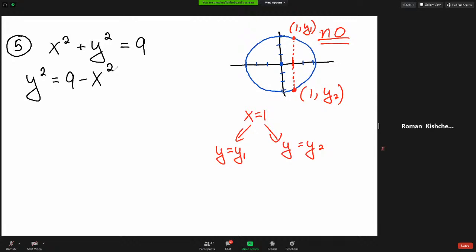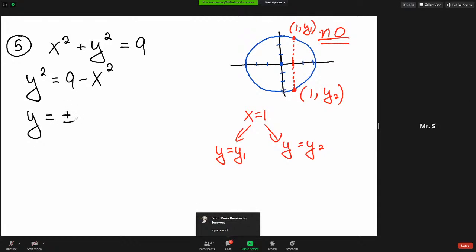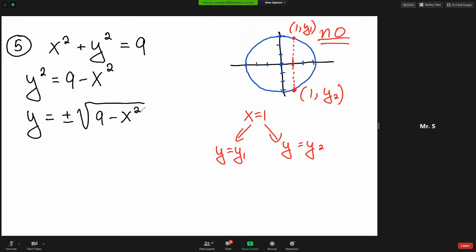Square root. We have the square root property. But if you remember the square root property correctly, what should we put in front of the square root? Plus minus. Yeah, we have to put in the plus minus. Whenever we square root both sides, whenever we use the square root property, we have to put plus minus. So now we've solved for y, but what is this really? Plus minus means I have two equations.